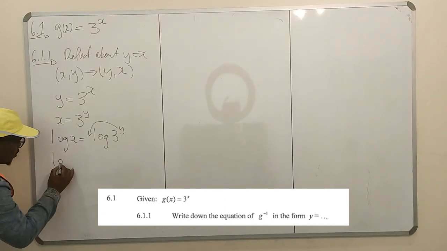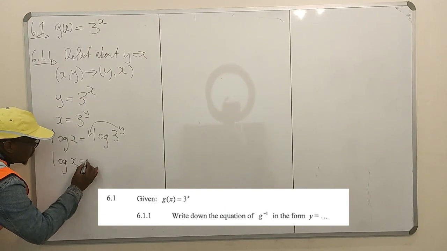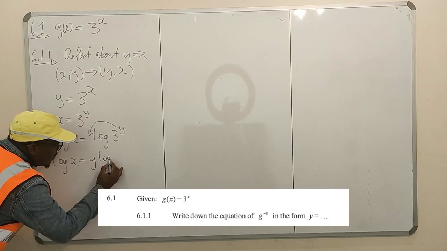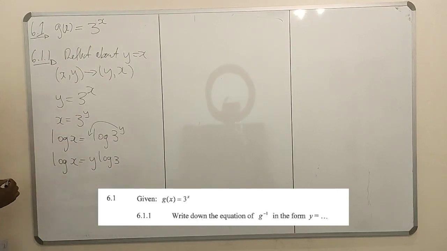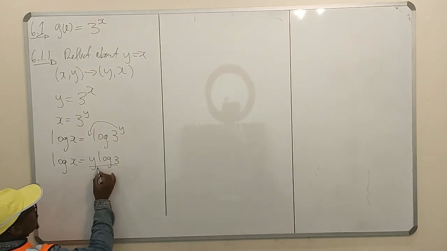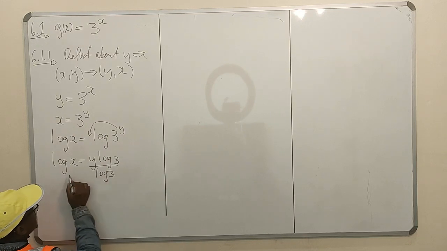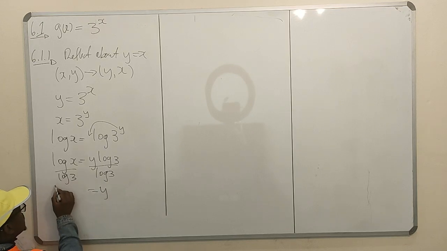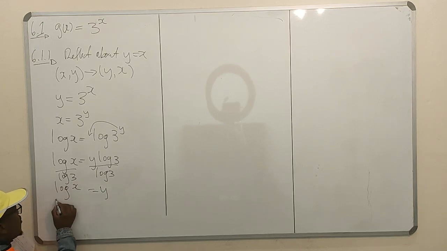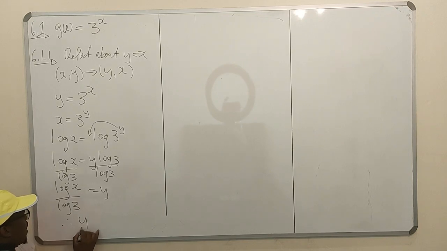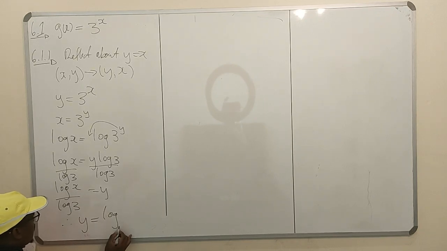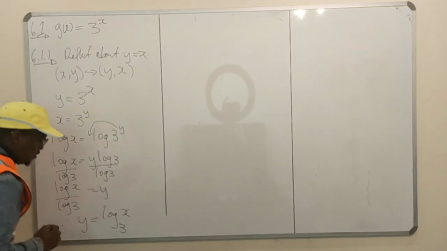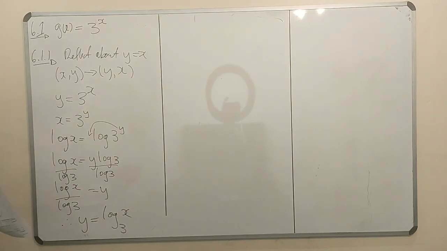So you have log of x is equal to y log 3. Then you divide both sides by log 3. So you have y is equal to log x over log 3. Therefore, y is equal to log x over log 3. Done. So this is the inverse of g.